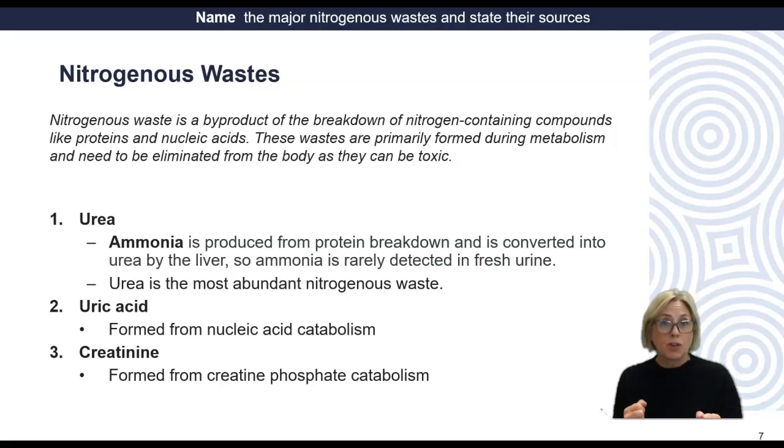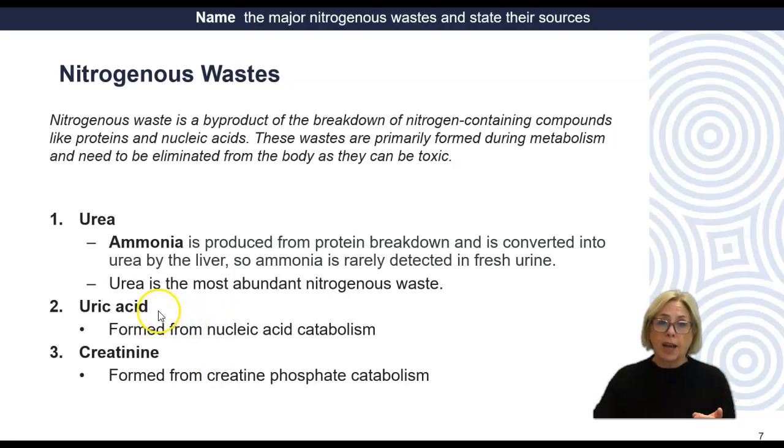So here comes your liver, which is really important in detoxifying lots of things in the human body. And those liver cells called the hepatocytes convert that ammonia to a less toxic substance called urea. And so your ammonia then is rarely detected in fresh urine, and urea itself is the most abundant nitrogenous waste.